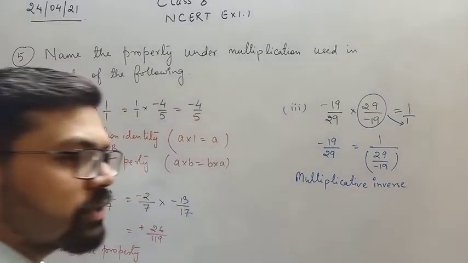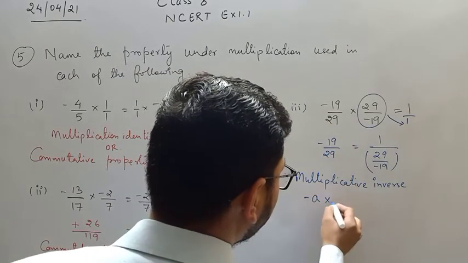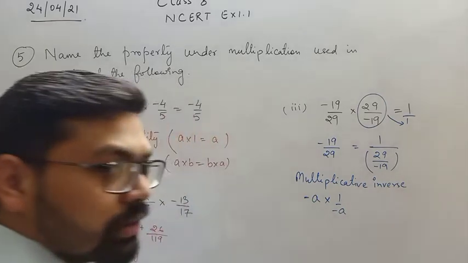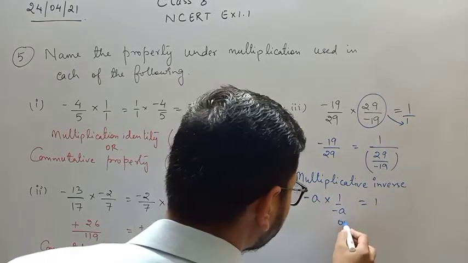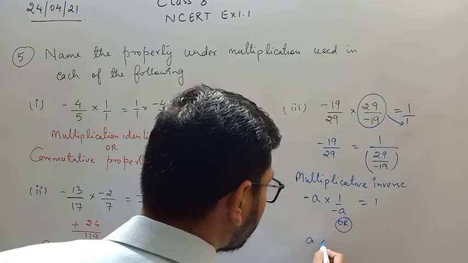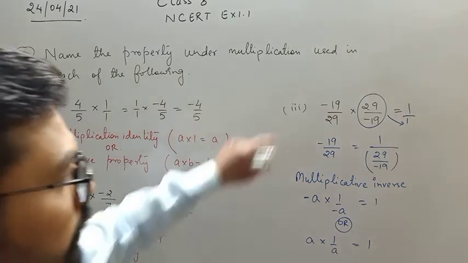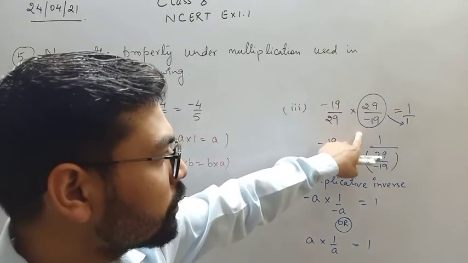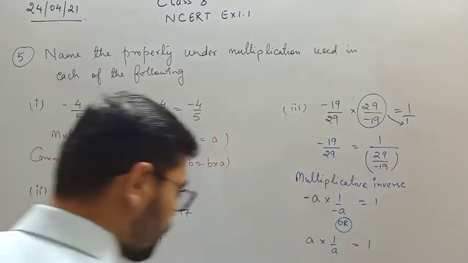What multiplicative inverse property says is, if you multiply a negative number with its reciprocal, the result comes out to be 1. Or if you multiply a positive number with its reciprocal, again the result comes out to be 1. So when a number is multiplied with its reciprocal, the result is equals to 1. Or what you can write here is like this.